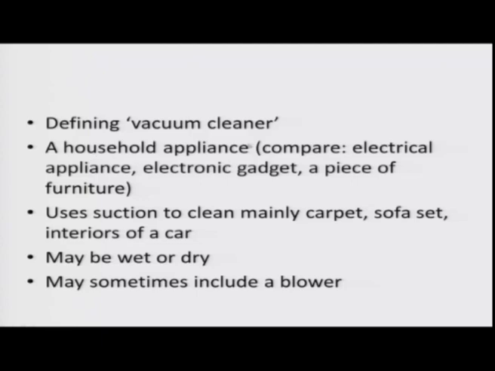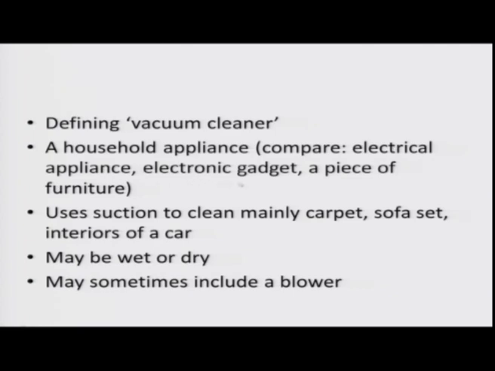This category contrasts with other categories such as electrical appliance, electronic gadget, a piece of furniture, all within the household context. For example, if you are defining a television, then electrical appliance may be more appropriate.